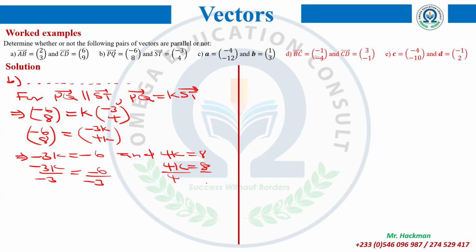So k is equal to positive 2, and k is equal to positive 2. Therefore, my vector PQ is parallel to the vector ST.